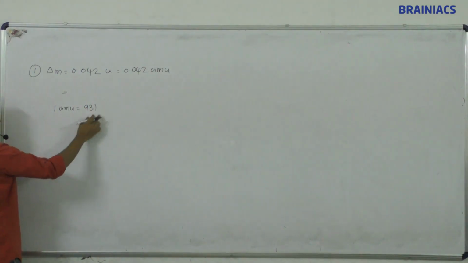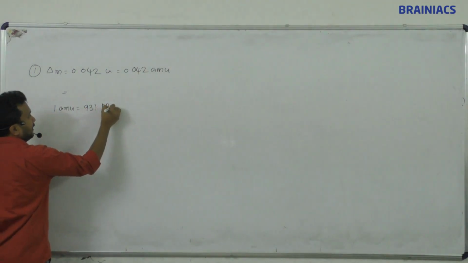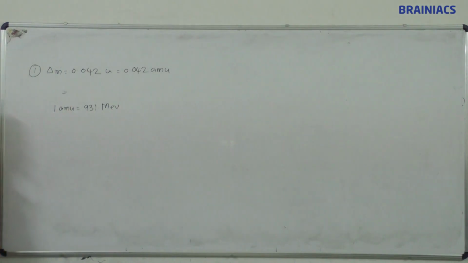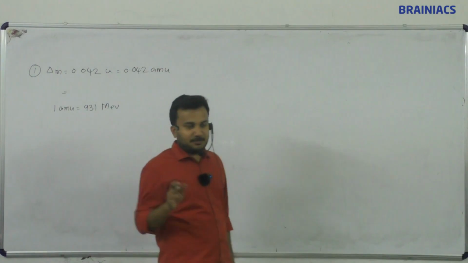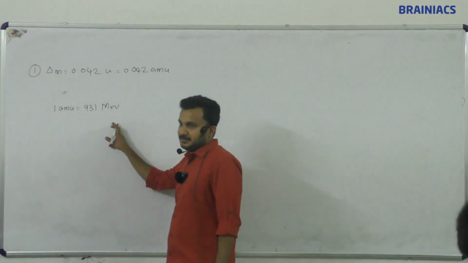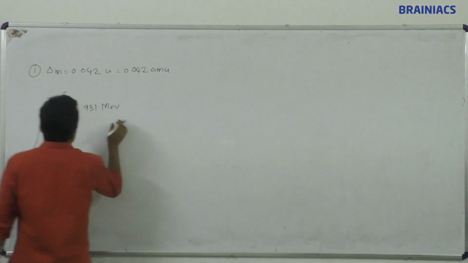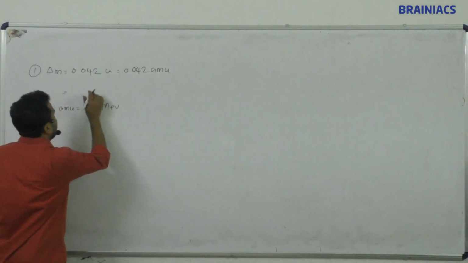In the entrance exam you can remove the 0.5 and just write 931 to make the calculation easier, just as acceleration due to gravity 9.8 is taken as 10. If you keep the 0.5 you will get a more accurate answer.